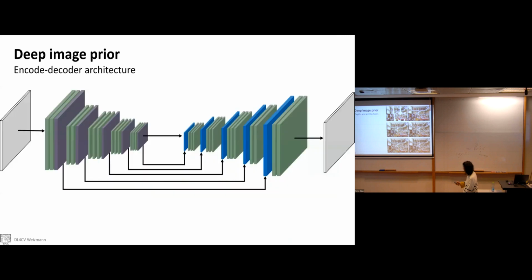What's the middle there? It's a skip connection taking the same thing, just doubling, or I don't know. I'm not sure. The architecture is not detailed in the paper, so this is my guess. More or less, this is the idea.